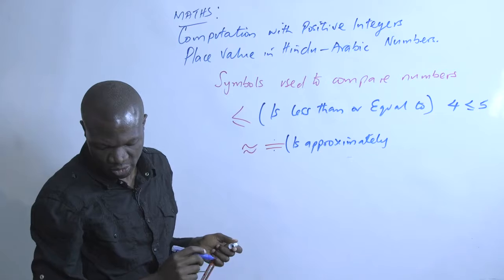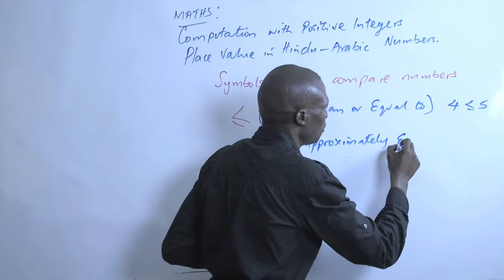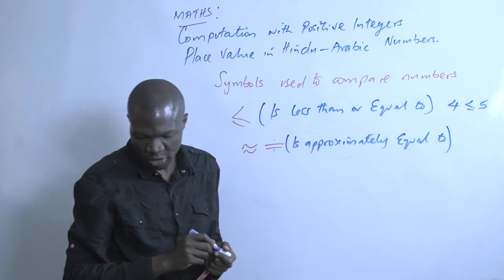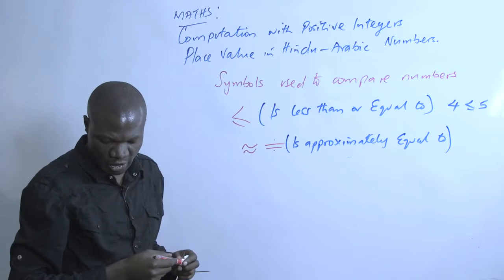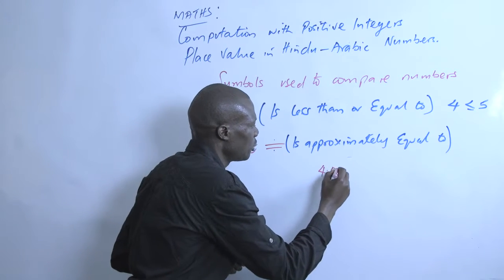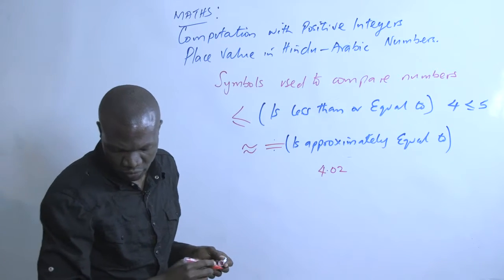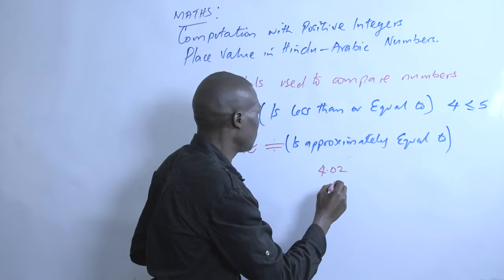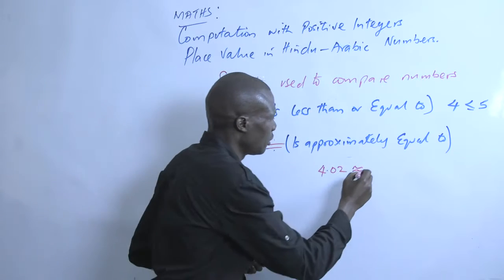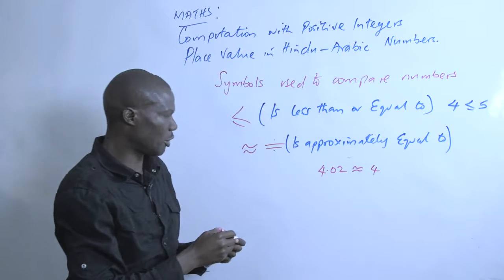Is approximately equal to. For this case, we can say that 4.02 is approximately equal to 4.